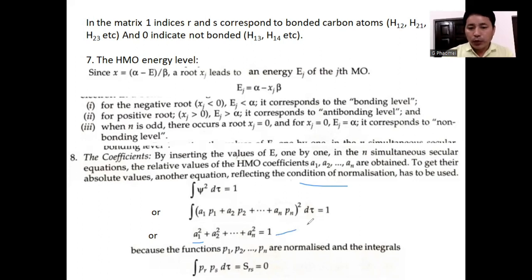Therefore, with these assumptions, the sum of squares of these HMO coefficients can also be considered as 1.